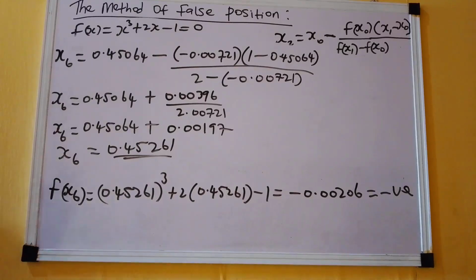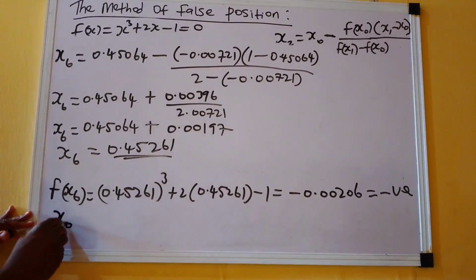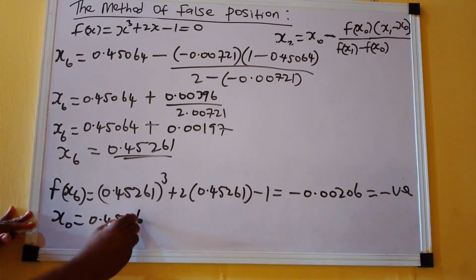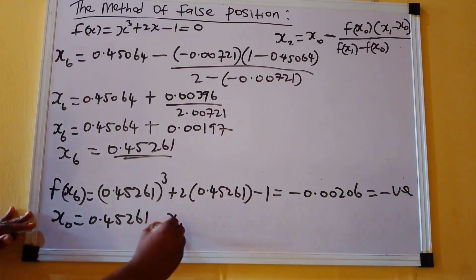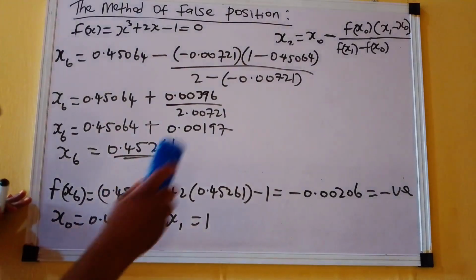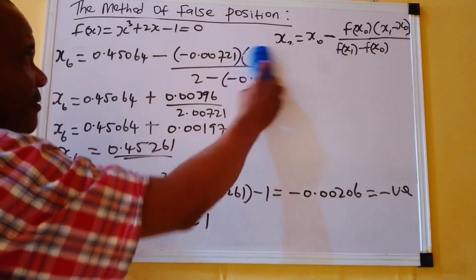So if f of x6 is negative, then we are going to replace x0 again. Anytime we have a negative sign, x0 is replaced. So our x0 will now become 0.45261. Then our x1 is retained. Our x1 remains 1. Now we go again, take the next iterative step to get our x7.